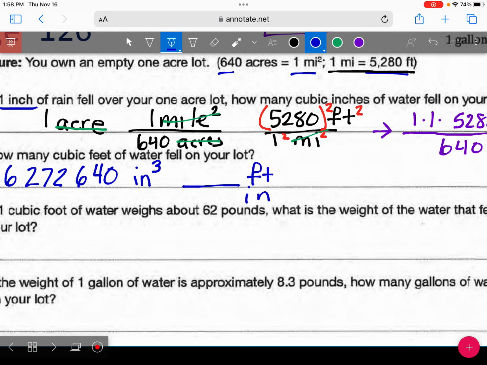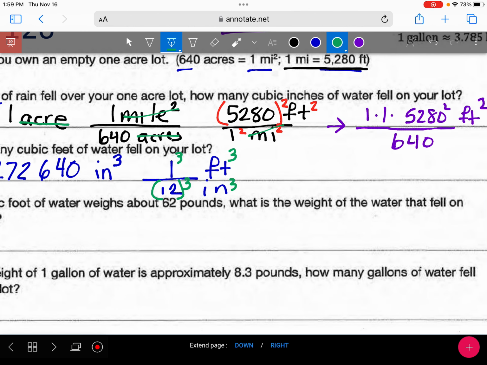Once again, I know there are 12 inches in 1 foot. But I don't need regular inches, I need cubic inches. So we are going to put that exponent of 3 on everybody. 1 cubic foot is 12 cubed inches.